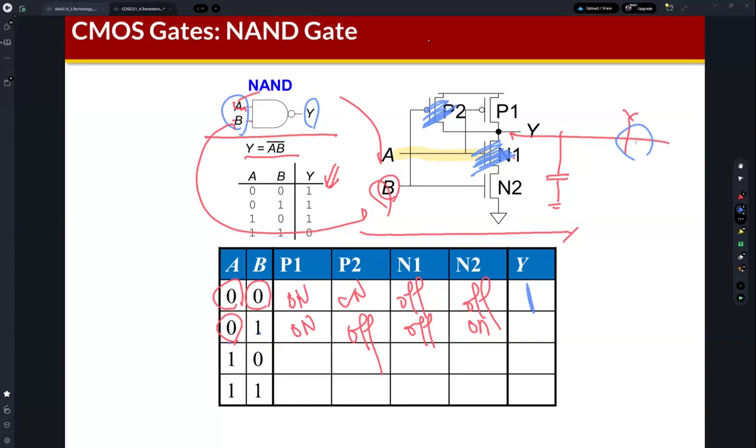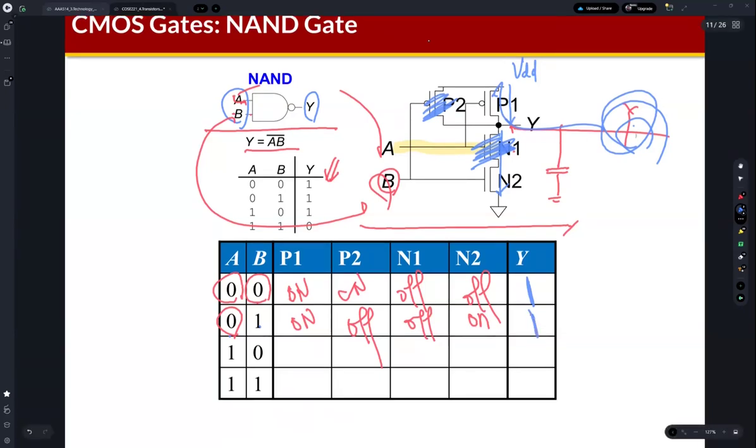But for the output node Y, P1 is connected, so Y is connected to the VDD. Okay? And then, the NMOS transistors are serially connected to the ground, but one of the NMOS transistors is disconnected, so Y is disconnected from ground. So what is Y? Y is 1. It's VDD.